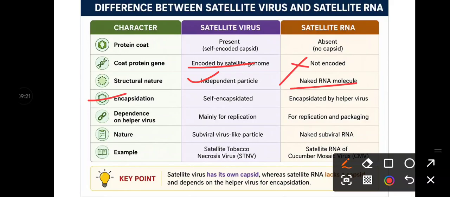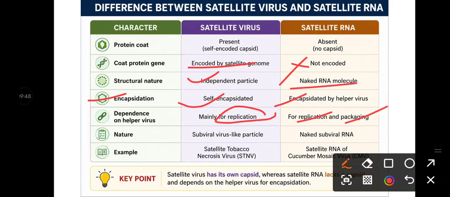Then encapsulation, this can perform its self encapsulation, whereas the satellite RNA is encapsulated by helper virus. Then dependence on helper virus, mainly for the replication for satellite virus, whereas the satellite RNA depends on helper virus for replication as well as packaging.